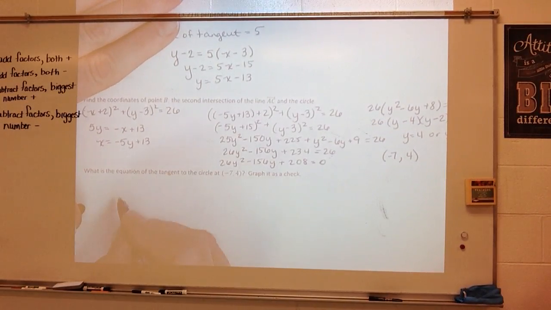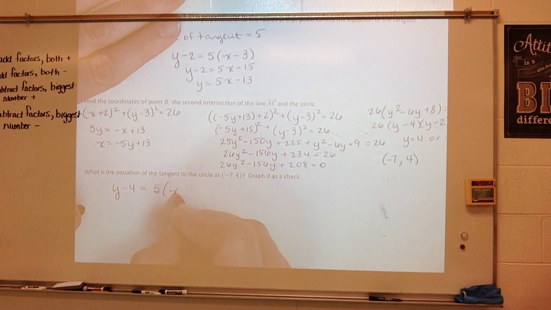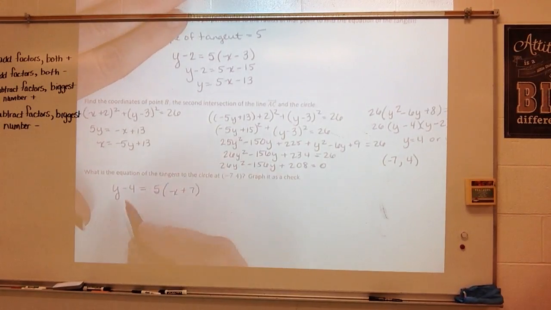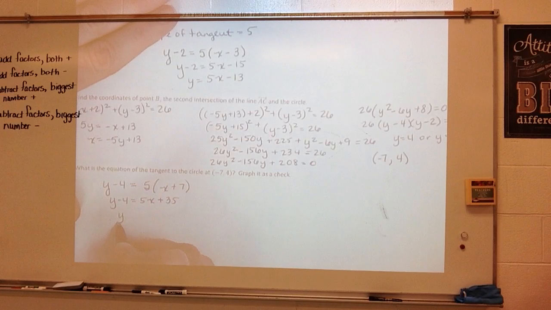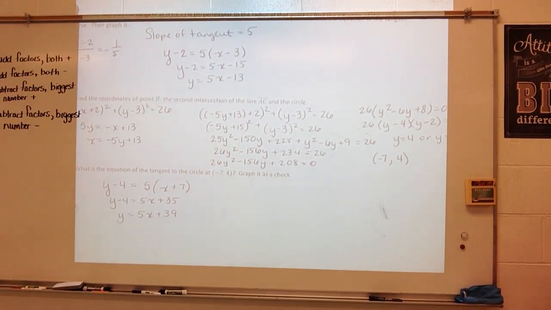So I get y minus 4 is equal to, my slope is 5, x minus a negative 7, which is x plus 7. So y minus 4 is equal to 5x plus 35. Take your 4 over, y is equal to 5x plus 39. All right, so that's the equation of the tangent line.